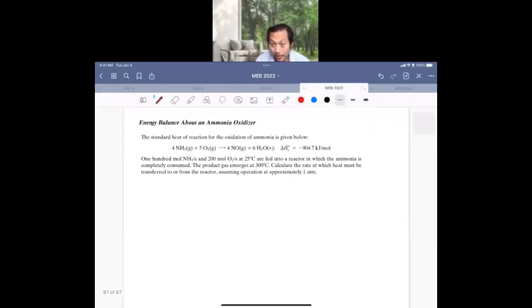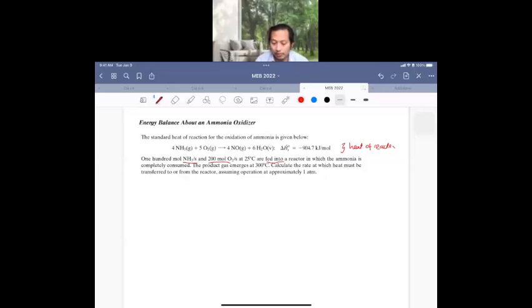Now this is the heat of reactions, right? We are given the standard heat of reactions for the ammonia. We are given this equation, and then 100 mole per second of ammonia and 200 mole oxygen per second are going to be fed into the reactor. All the ammonia is consumed.